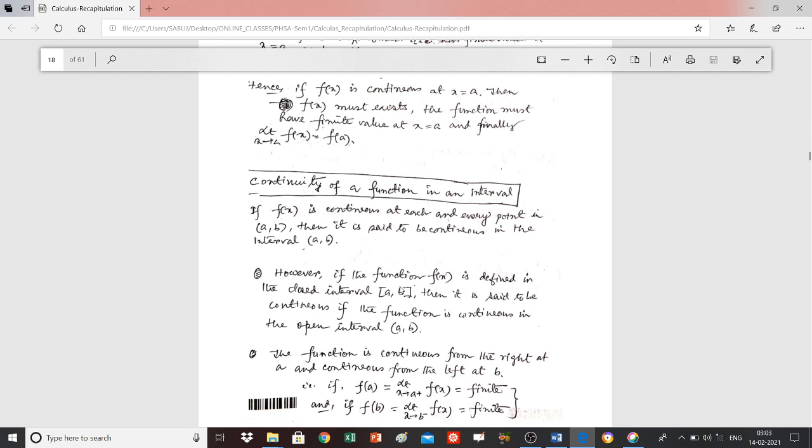If both are finite and equal, then you can easily conclude that the function is continuous in the open interval (a, b).